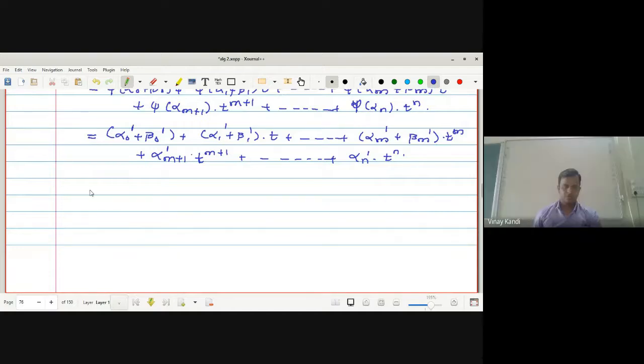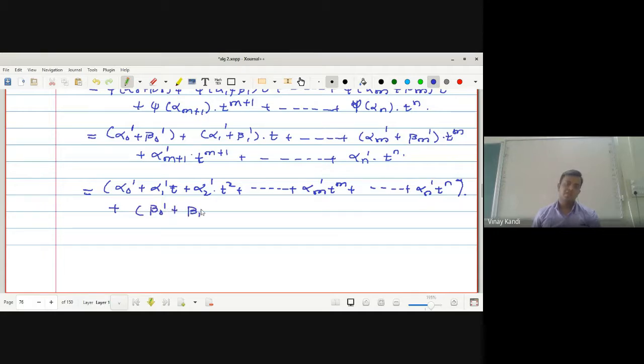No, sir. Now take all the alpha naught, alpha 1 in one bracket. So what we get here? Alpha naught dash plus alpha 1 dash t plus alpha 2 dash t square plus up to so on alpha m dash t raised to m, plus up to so on alpha n dash t raised to n, in one bracket, plus beta naught dash plus beta 1 dash t plus beta 2 dash t square plus up to so on beta m dash t raised to m.